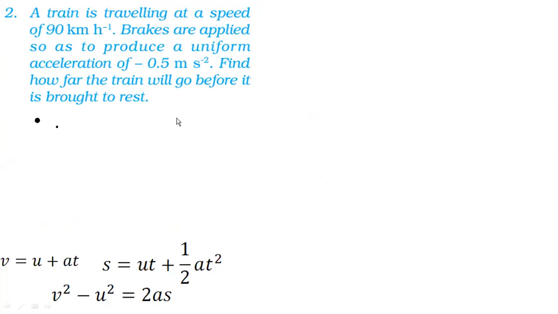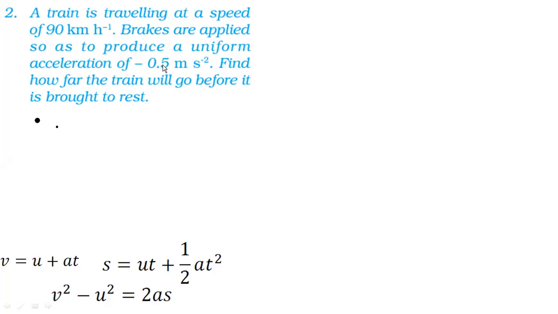Now, the second question they have given is, a train is traveling at a speed of 90 km per hour. Brakes are applied so as to produce a uniform acceleration of 0.5 meter per second square, but they have given a minus sign here. And that is correct, because brakes were applied, so velocity is going to decrease. In that situation the value of acceleration has to be taken negative.